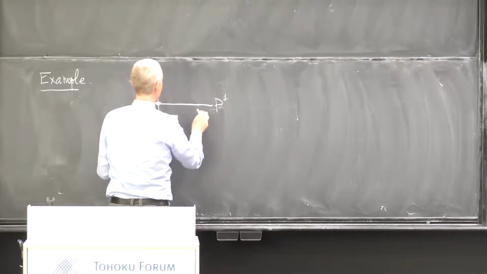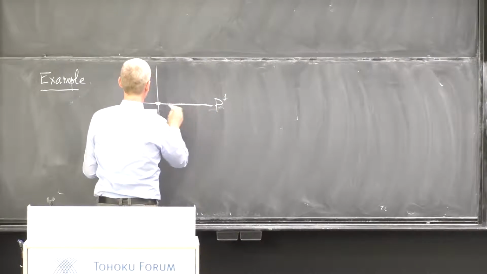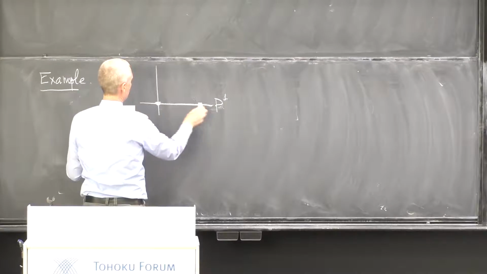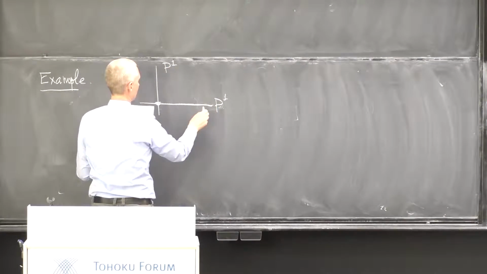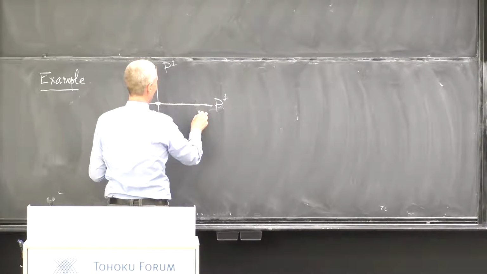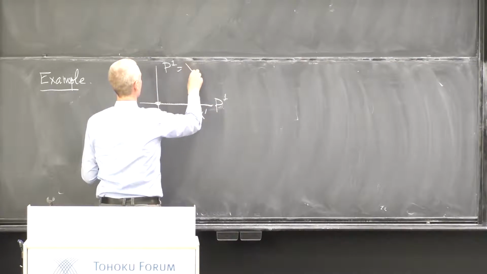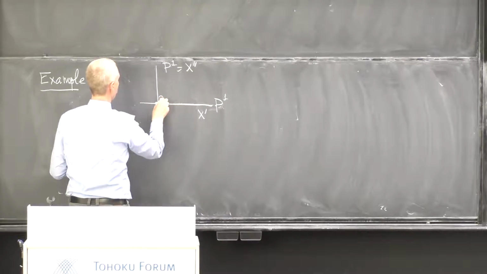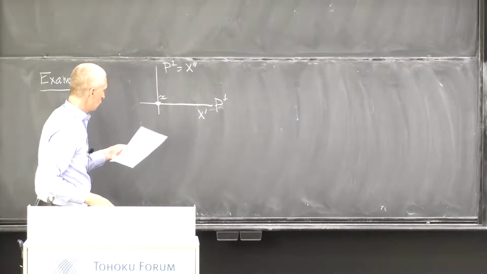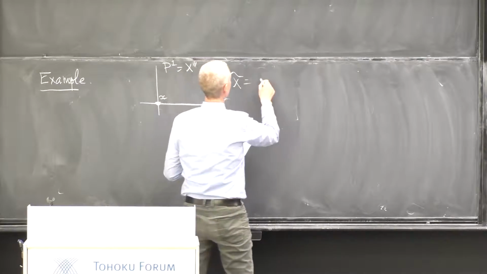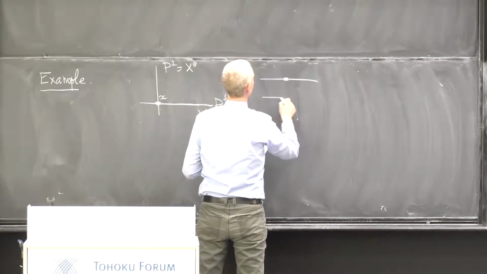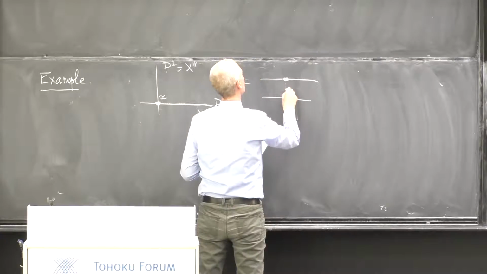P1, with coordinate x. So let's take one P1 and another P1, with coordinate x prime. Then the singularization x tilde is simply the disjoint union of the two, which we don't want to identify.